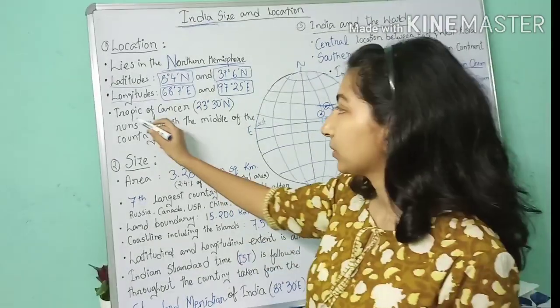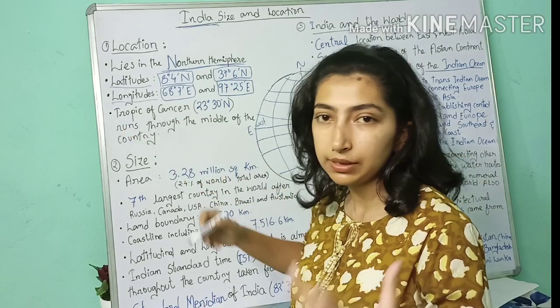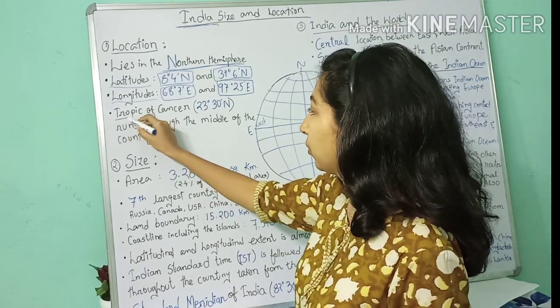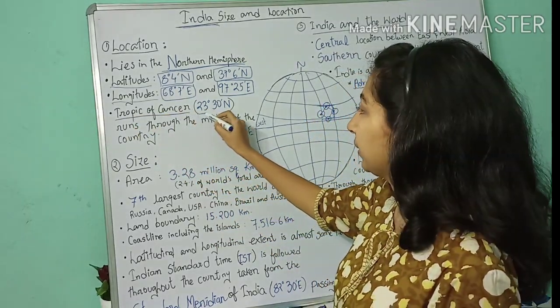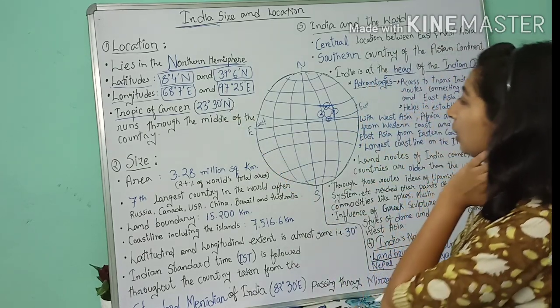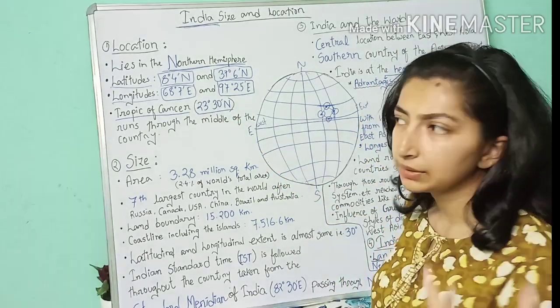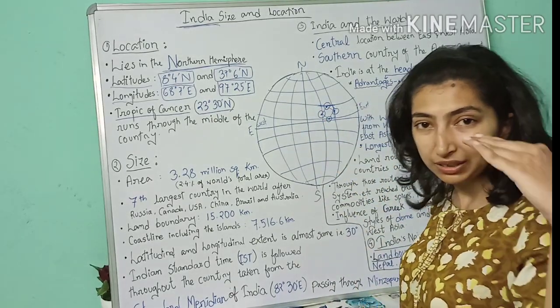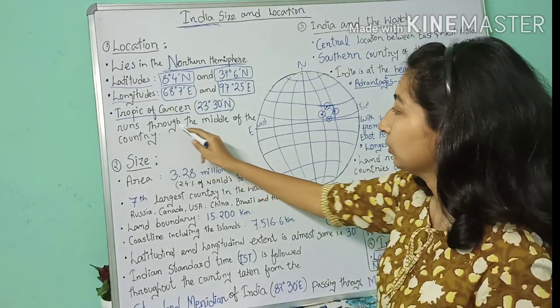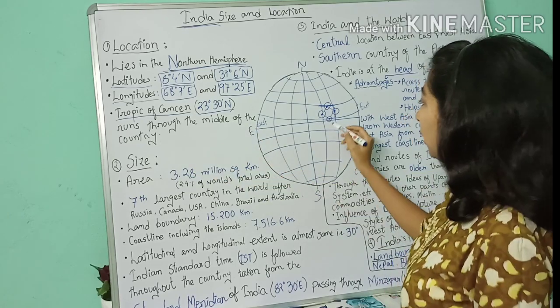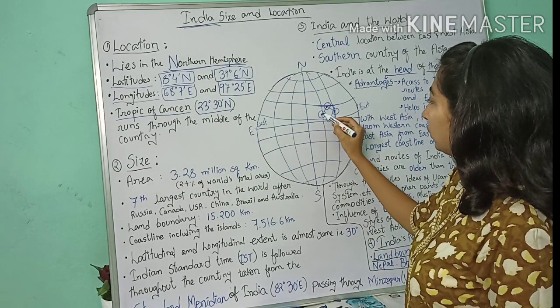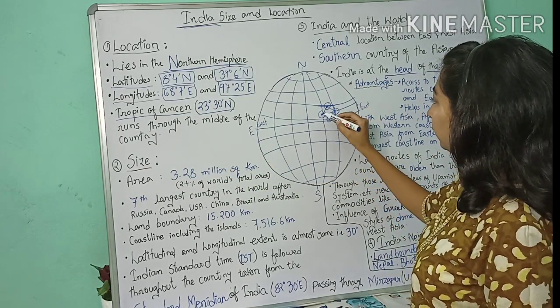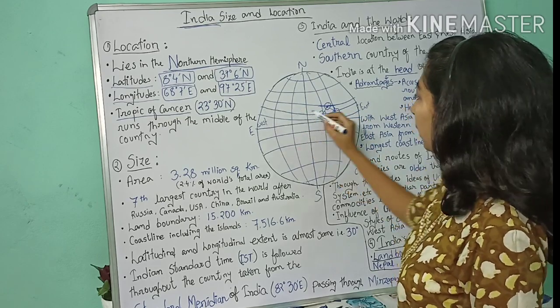Then the next important thing which tells us the location of India is the Tropic of Cancer, which is at 23 degree 30 north. Tropic of Cancer, you have all studied, is a very important parallel of latitude which cuts India, which runs through the middle of our country. Almost this part.